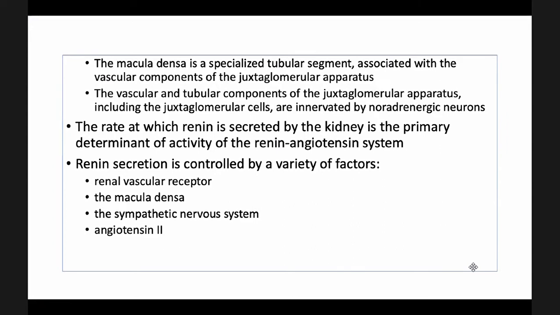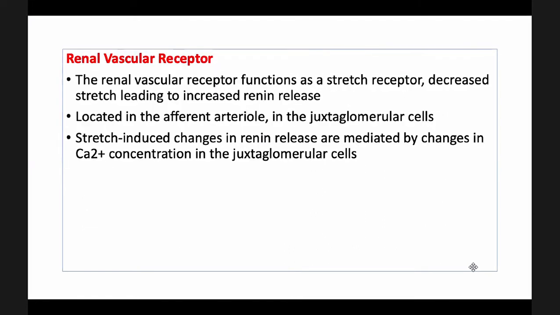Renin secretion is controlled by a variety of factors: the renal vascular receptor, the macula densa, the sympathetic nervous system, and angiotensin II. The renal vascular receptor functions as a stretch receptor.